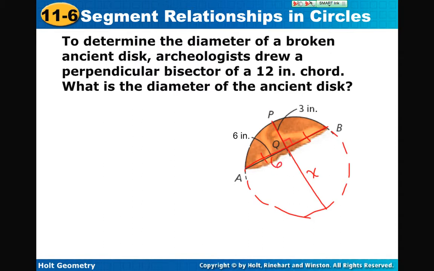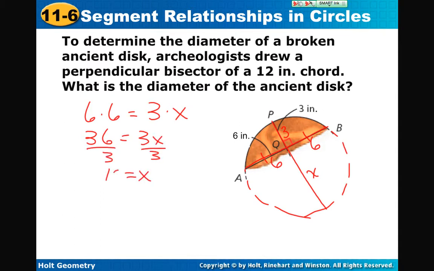6 times 6 has to be the same as 3 times x, just using your 2 chords. 6 times 6, the product from one chord will equal the product from the other chord. So 36 divided by 3, x is 12.